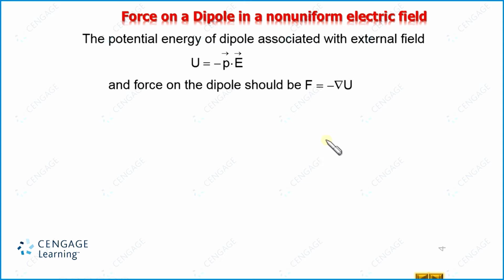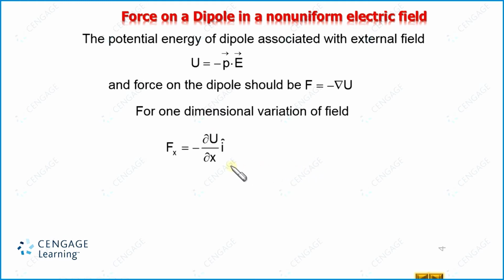If the vector field is one dimensional, we can write Fx. Suppose electric field is only restricted along the positive x direction, so we can write Fx equal to negative derivative of U with respect to x. So force on the dipole will be this one.